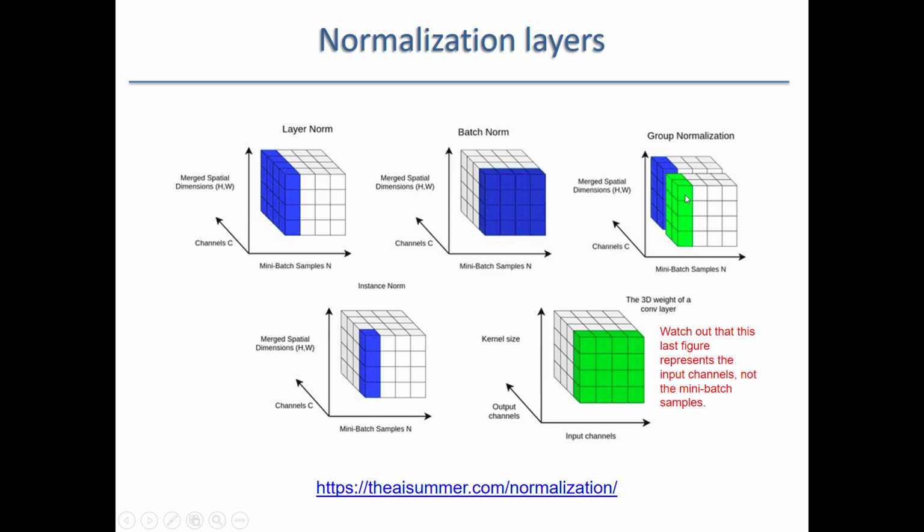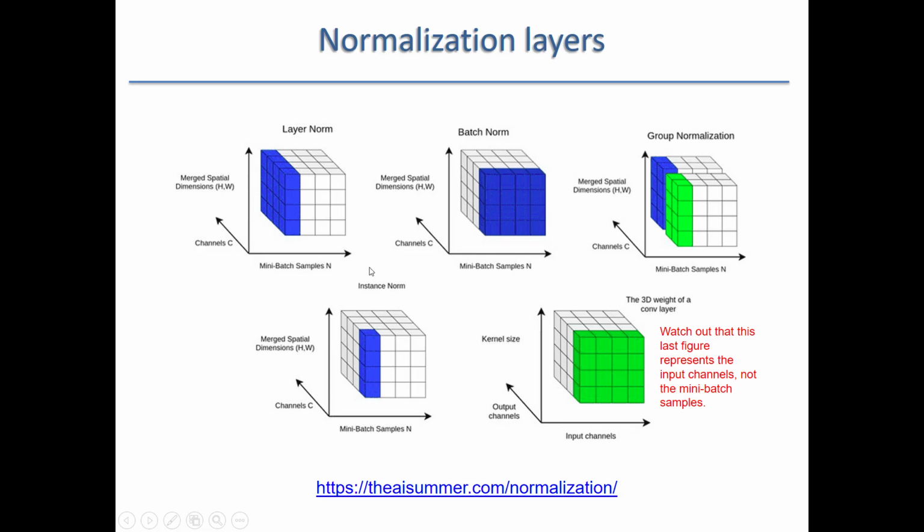Then group normalization, we could divide the channels of a single sample into different regions and normalize by that region, or normalize by instance. This is called instance normalization. That is a single layer, a single channel, a single input.